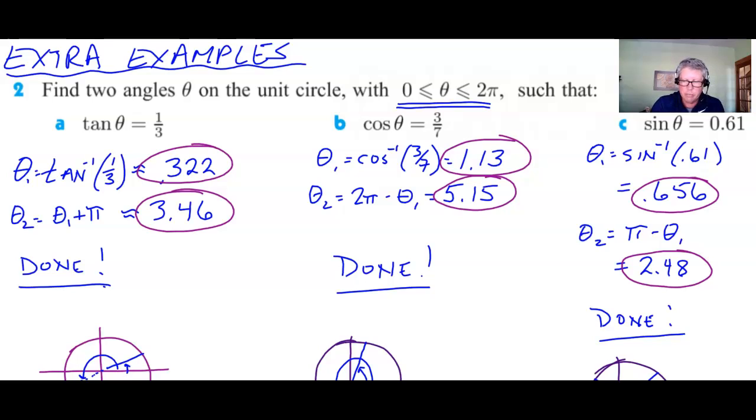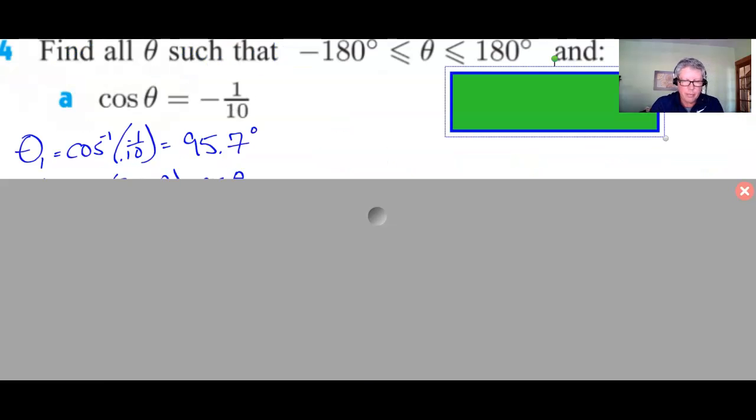I drew a picture if you wanted, but you don't have to. So last one. I can change this range to whatever I want. Remember, I'm going to get my two critical values, and then I can choose to add or subtract the period to get it in or outside those ranges. So nothing changes with the process.